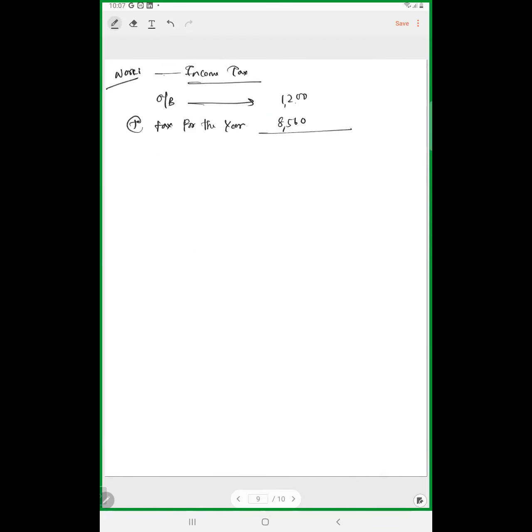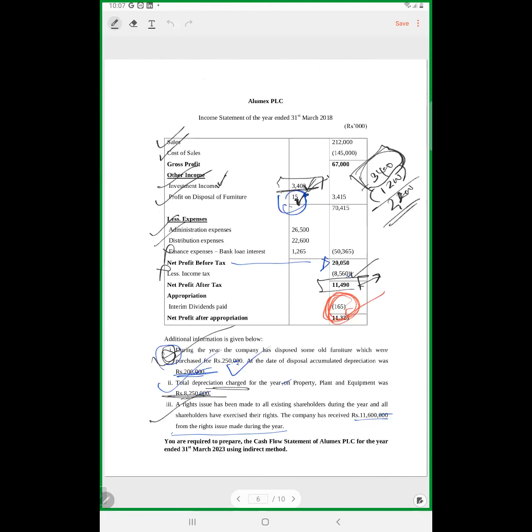Then the total tax obligation, how much? 9,760. On a total tax liability, we need to find out how much we paid. So how do we do that? You can see the closing balance.